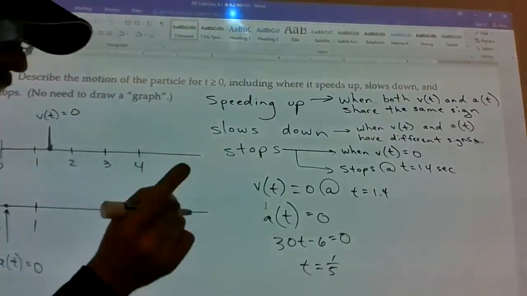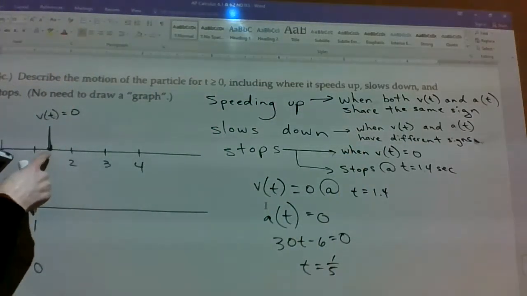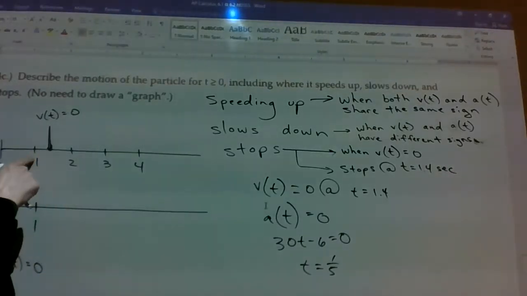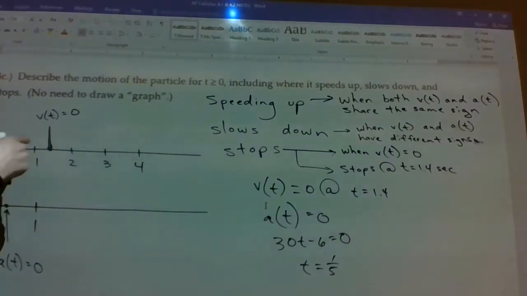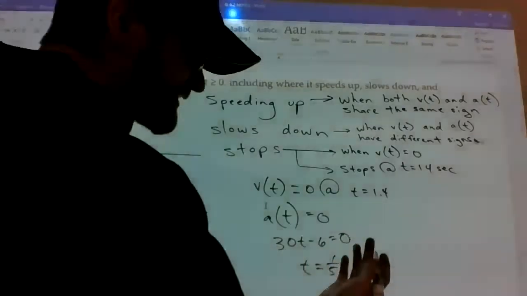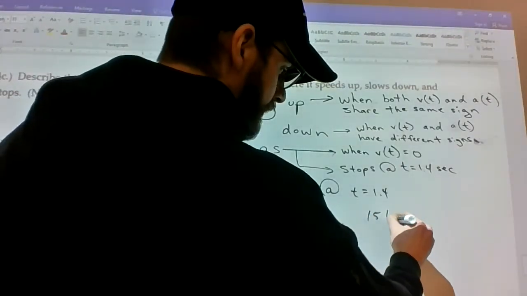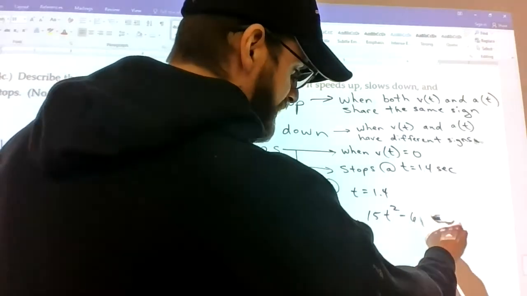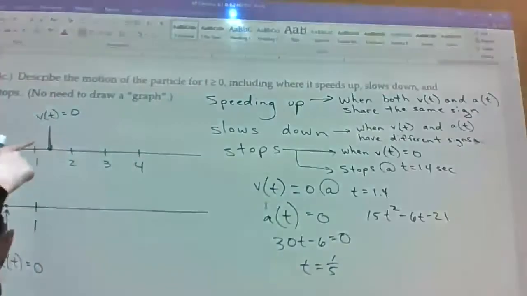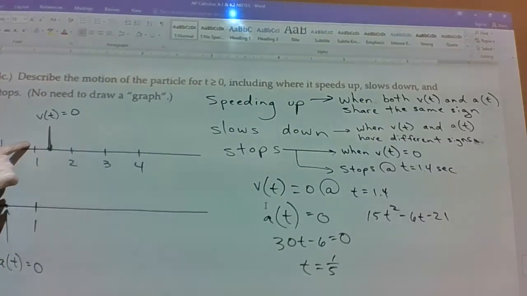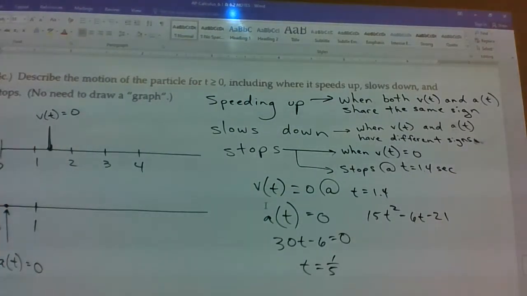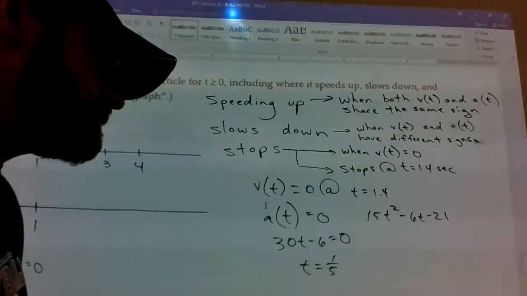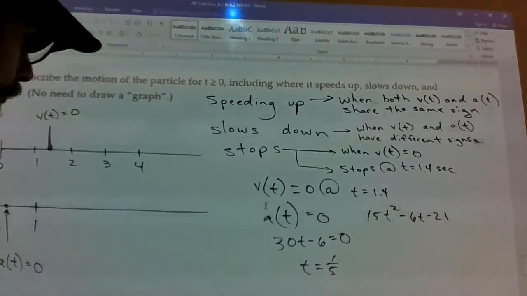So what we do is we pick a number in this interval for velocity, something less than 1.4. Plug in 1. What's the velocity function? 15t squared minus 6t minus 21. You plug in 1 here, and you're going to get negative 12.